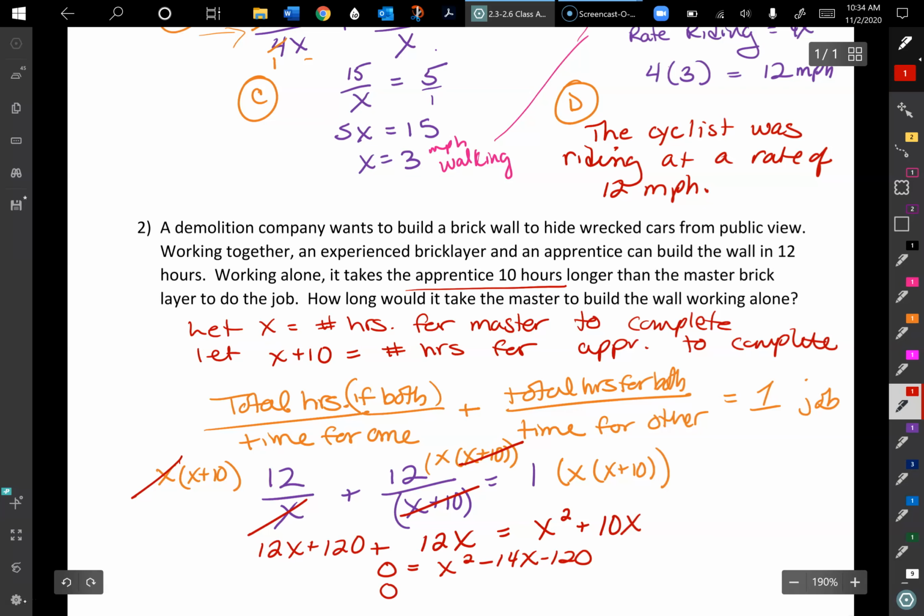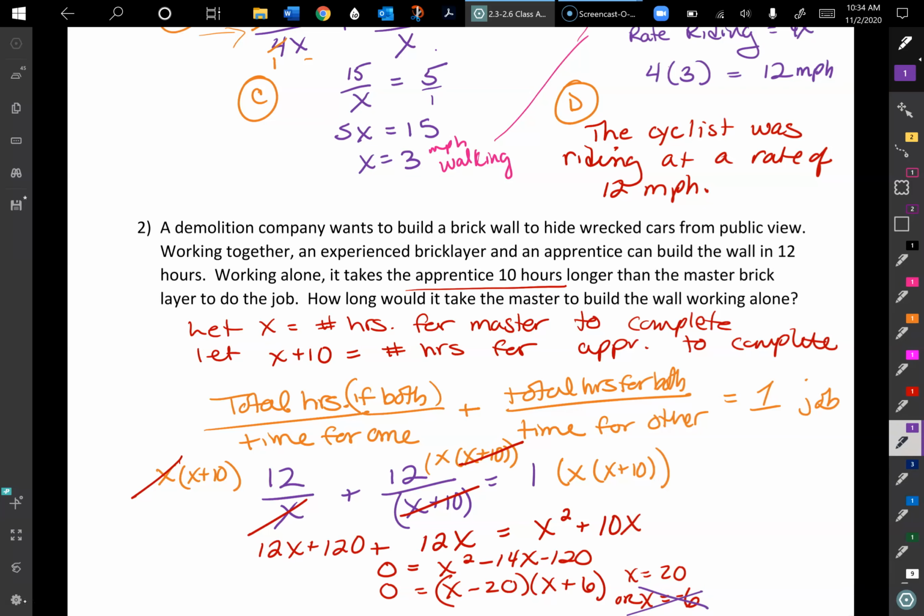And then I can factor that to be x minus 20 times x plus 6. All right, so I'm going to have x equals 20 or x equals negative 6, but you can tell here the negative 6 is going to be extraneous because I wouldn't have a negative time to complete the job.